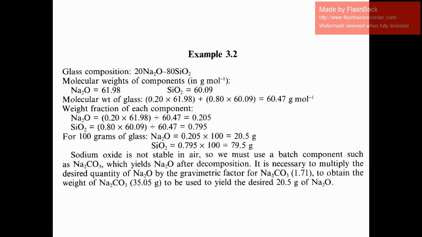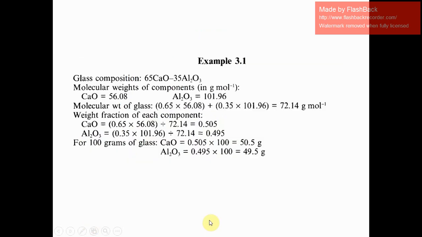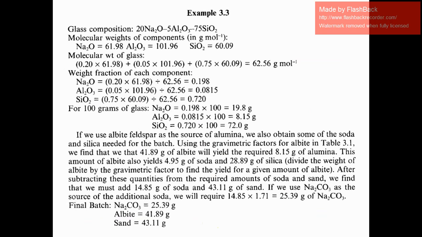Okay. Now the other thing is that use of raw materials which supply more than one batch component requires additional calculation. Say for example 3.3. So here the glass composition is Na2O, Al2O3 and SiO2. We can take raw materials which contain all these things.